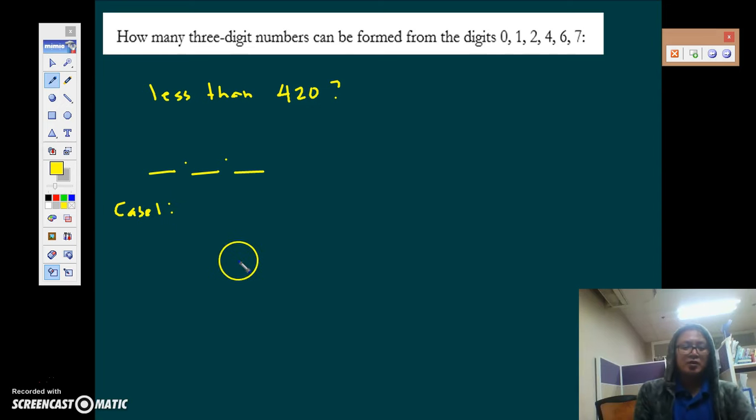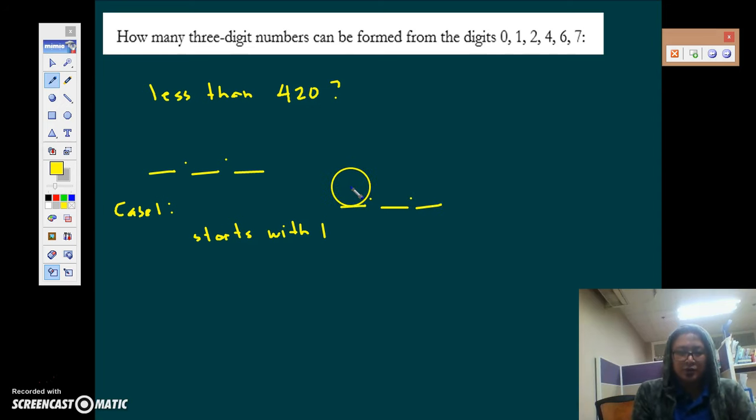Case 1 would be if the 3-digit number starts with 1. So this spot here is already for the digit 1, so 1 choice is already chosen. Now for the tens digit, we cannot pick 1 anymore, but can now pick 0. So 0, 2, 4, 6, 7. There are now 5 choices here.